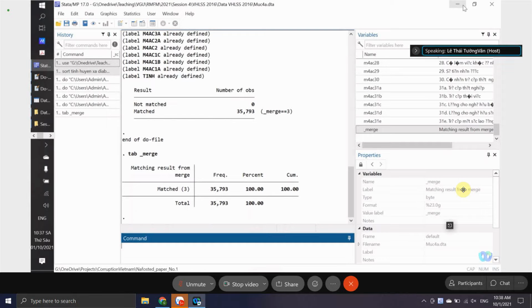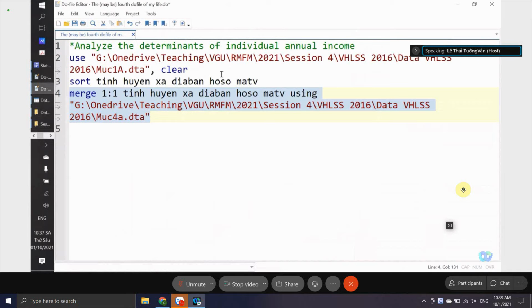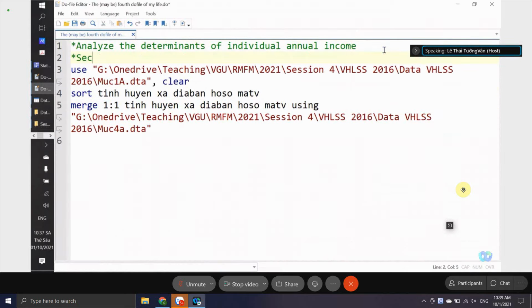The problem is, now we are looking at the do file. Section 1 is about demographics. I am teaching demographics. Okay.